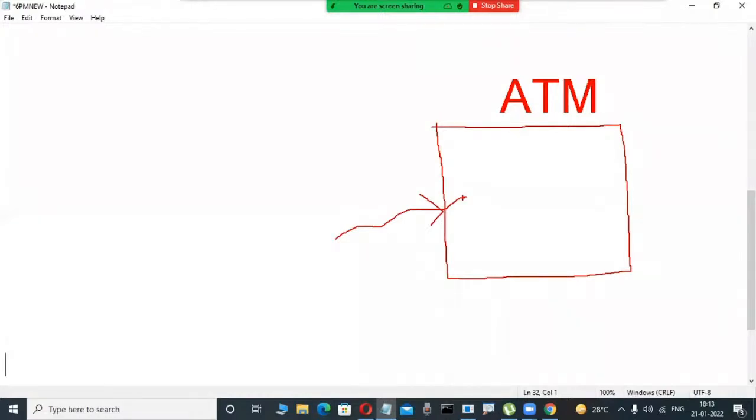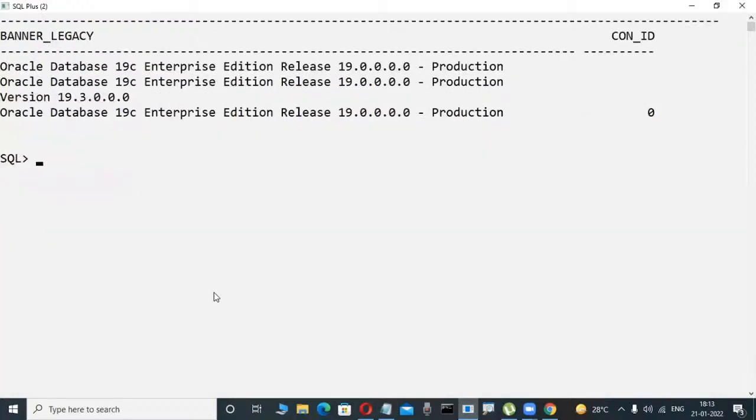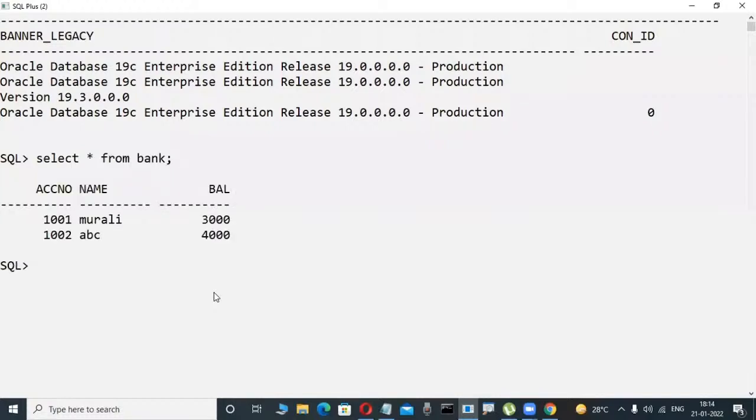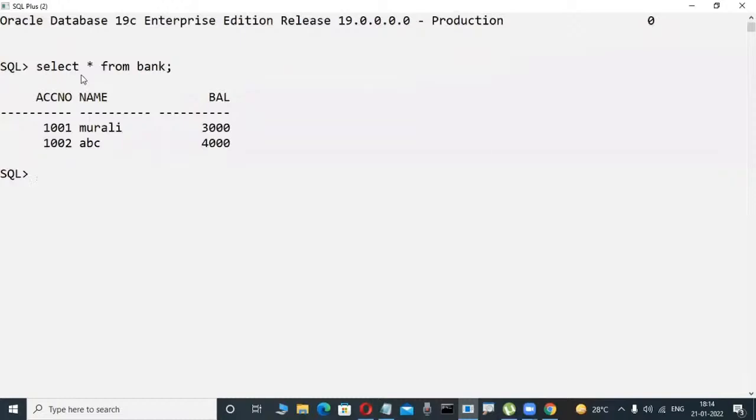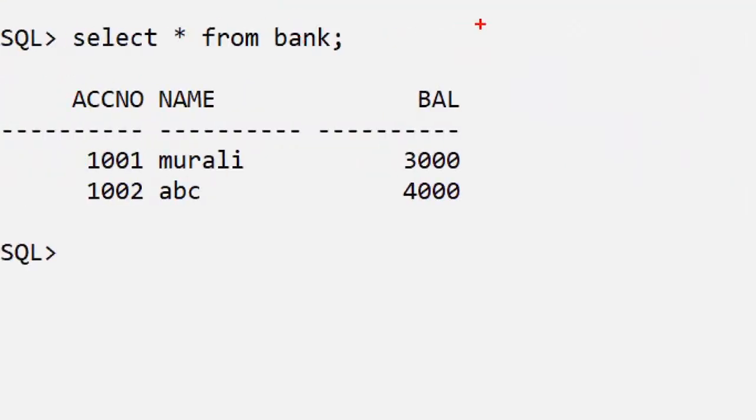Now check it out. Slowly observe the screen. Suppose in this database, bank is a table, for example. Concentrate here and just observe the scenario. It is a very easy way to understand. This is a bank table. In table format only, we store the data.